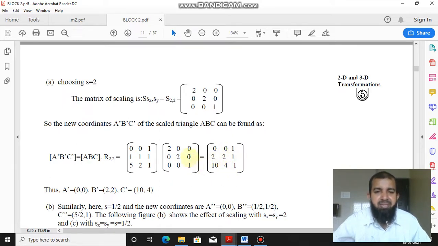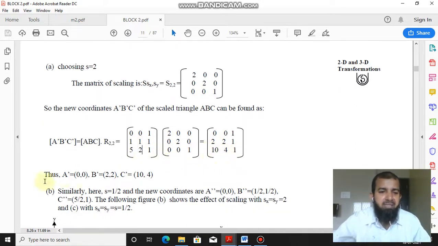If you see here, everything becomes double, 1 becomes 2. You only have to look at the first two columns, because the 1 column is common. Double of 0 is 0 only, 1 becomes 2, 5 becomes 10, 2 becomes 4, which means it doubles.